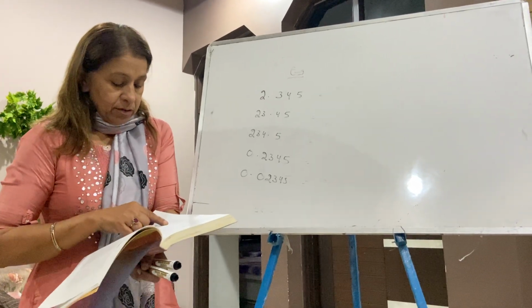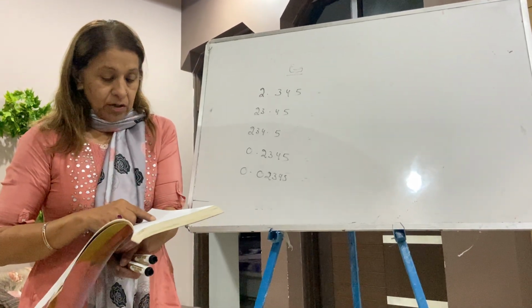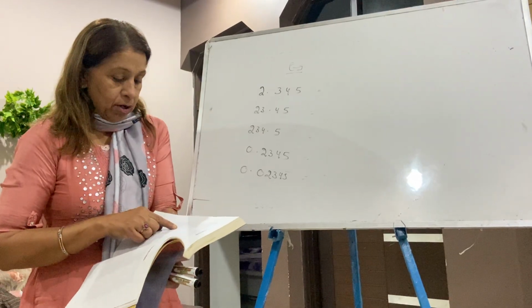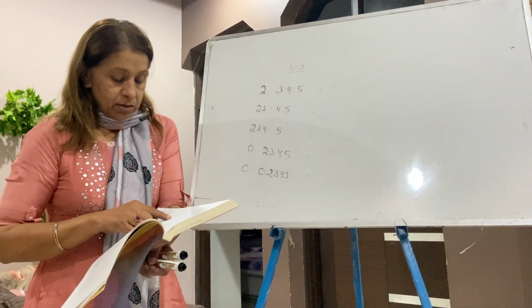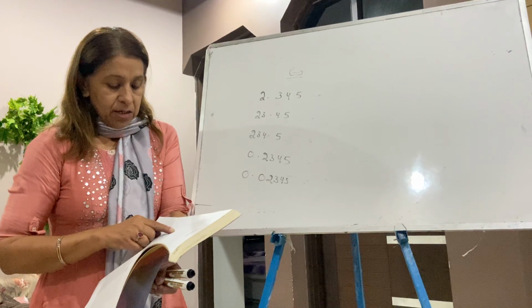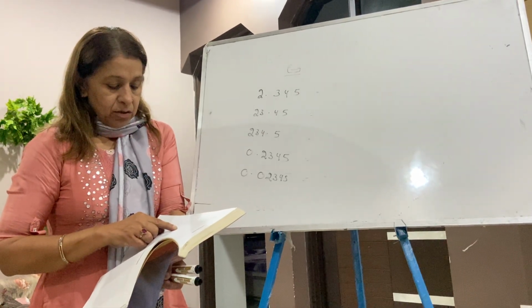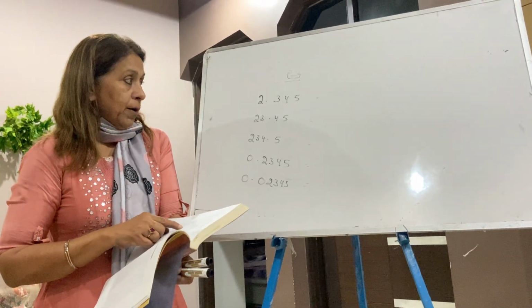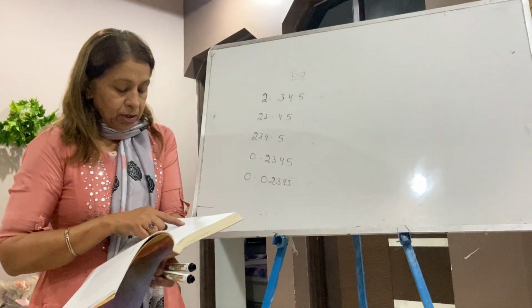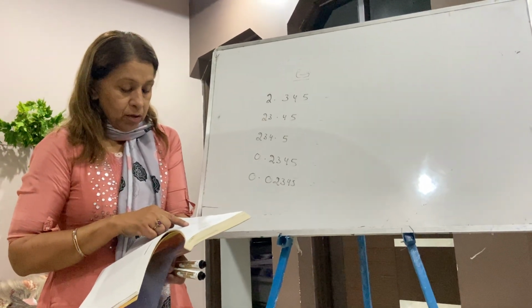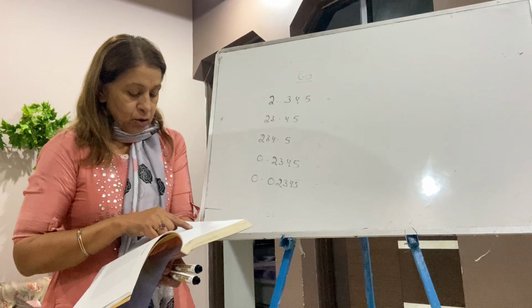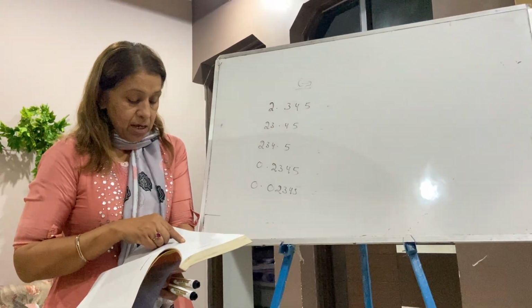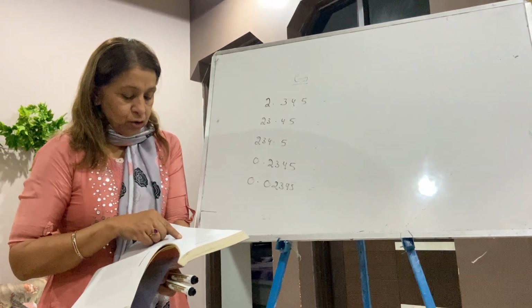So you add this. The log of 23 in the 4th column is 3692.